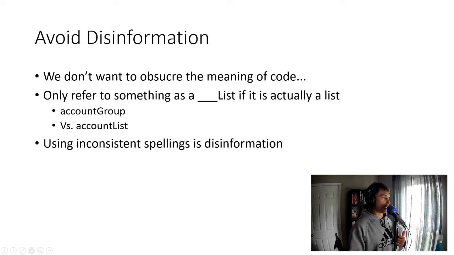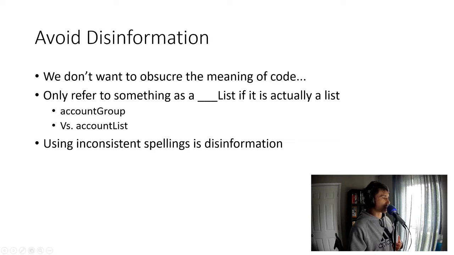And then the last point there, using inconsistent spellings is disinformation as well. Let me actually see what he wrote about this. Inconsistent spellings, I think what he meant by this was, actually, I'm not exactly sure what he meant by it.